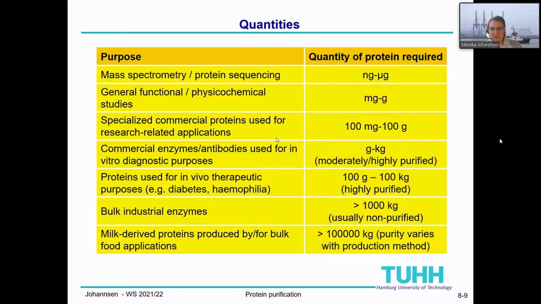But there are also proteins which are produced on a much larger scale. For commercial enzymes or antibodies for in vitro diagnostic purposes, for example, a few kilograms might be of interest, and here usually these are moderately or highly purified.